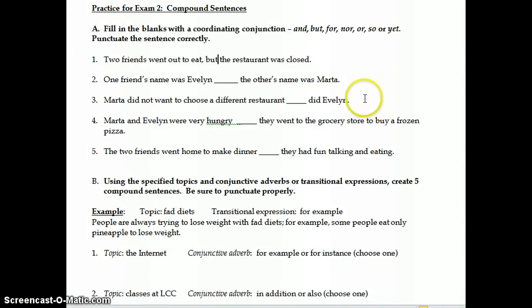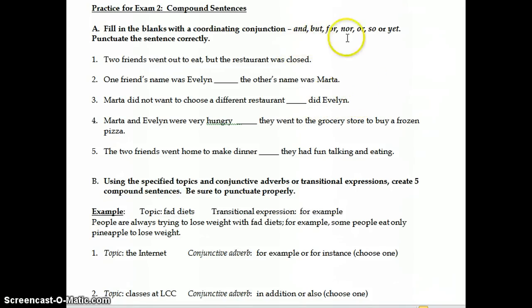Here's another example. We're going to look at number 3. This one's a little bit different. Marta did not want to choose a different restaurant. Blank did Evelyn. So we have a clue here. In this case, our verb comes before the subject.